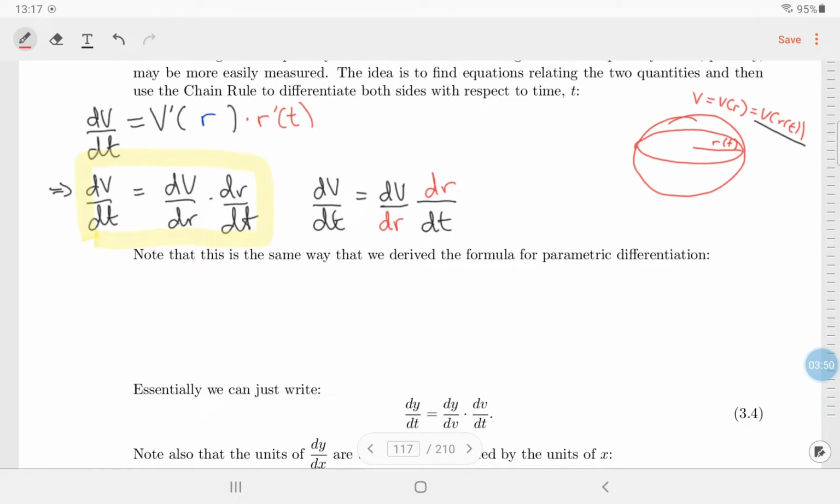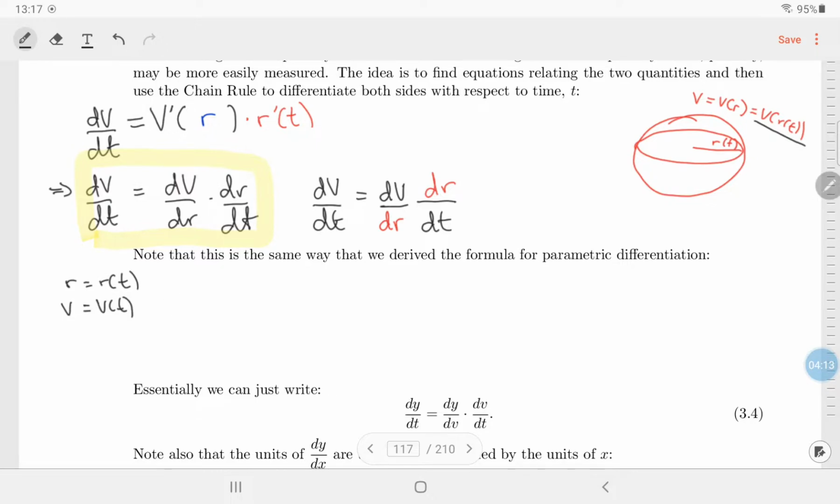Now this is also the way we derive the formula for parametric differentiation, because you could do this another way around. You could say that R is a function of T, V is a function of T. So all I'm saying there is that the radius is changing with time, the volume is changing with time.